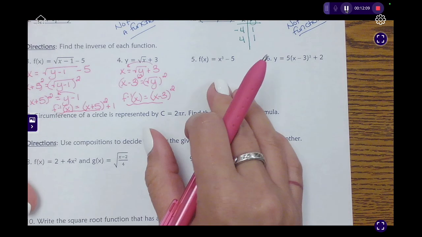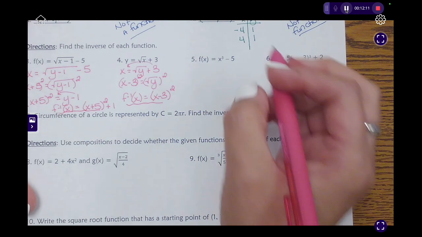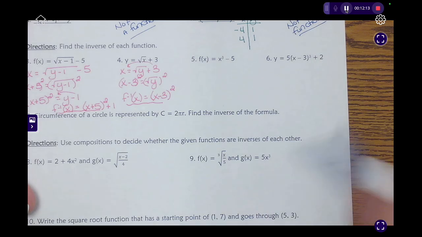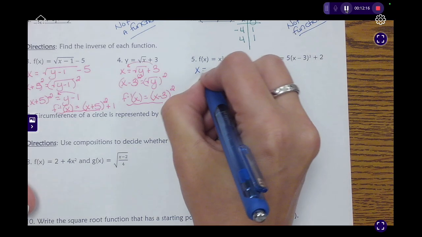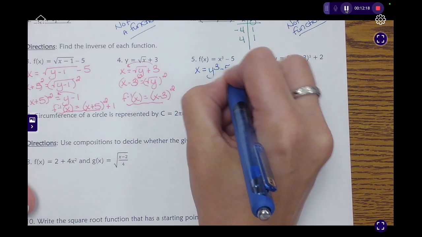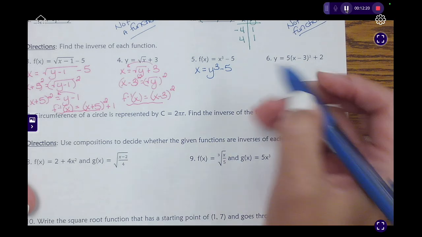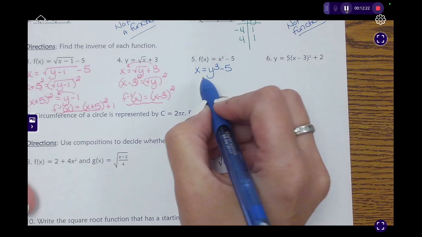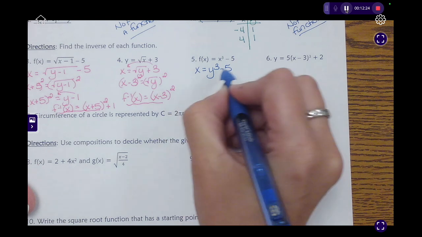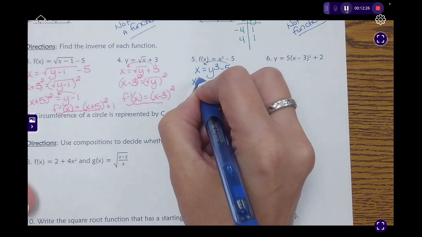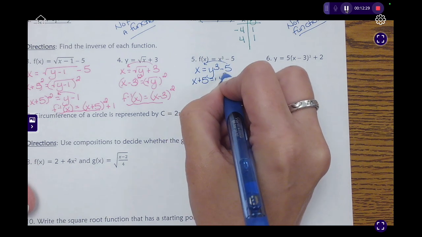Now if I look at the next ones, I have an x to the third. I'm still going to switch my x's and y's. So this is going to become x equals y to the third minus 5. So now looking at this, I'm going to get the 5 over there. So that's going to become x plus 5 equals y to the third.